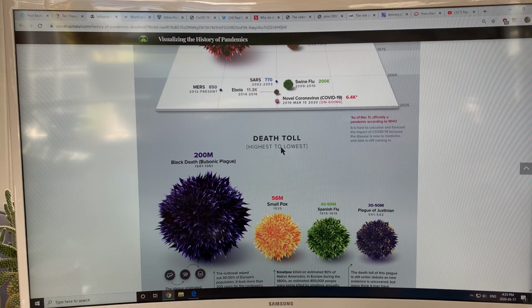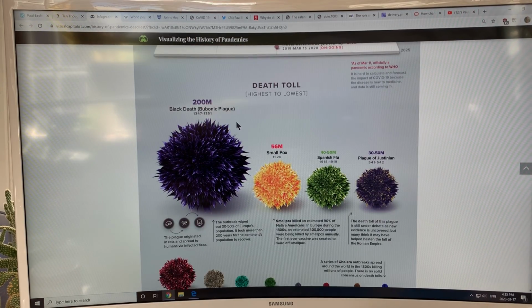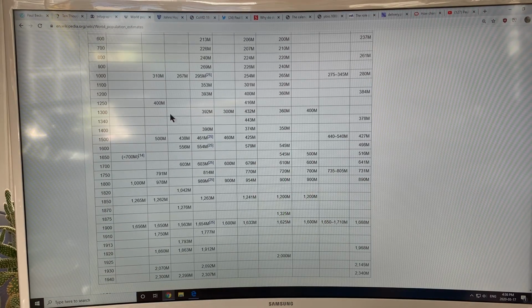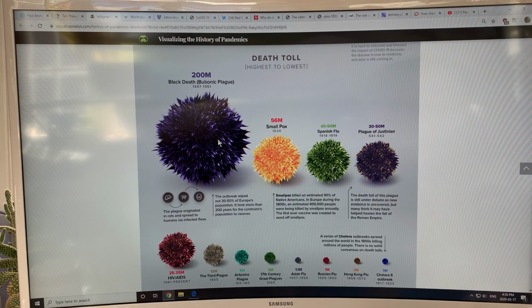If you look at the death toll from the highest to lowest, again, the Black Death is highest, the granddaddy of plagues, 1347 to 1351, 200 million people. That represented about half of the global population at the time. If you go to 1350 on the scale, you have about 400 odd million, so it's about half the global population.